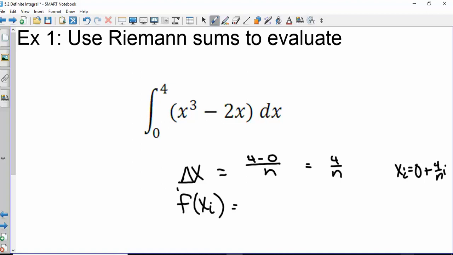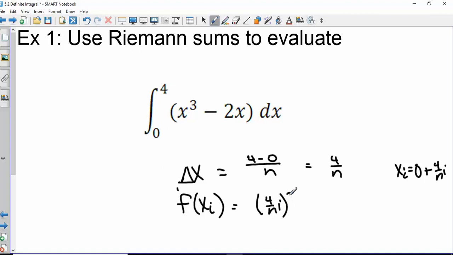So then to find my f of x sub i, I have to plug that into the equation. I have to go up and change each of those x's in the original function to a 4 over n times i.